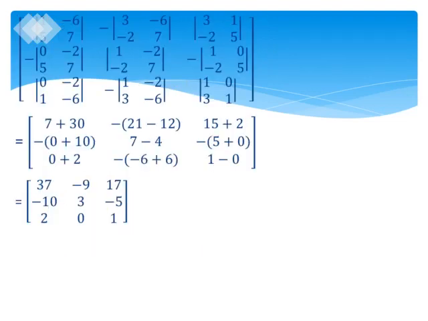So you will get this here. And then just read the cofactors, AD minus BC. So you will get this one with the negatives and so on, and this is the answer.